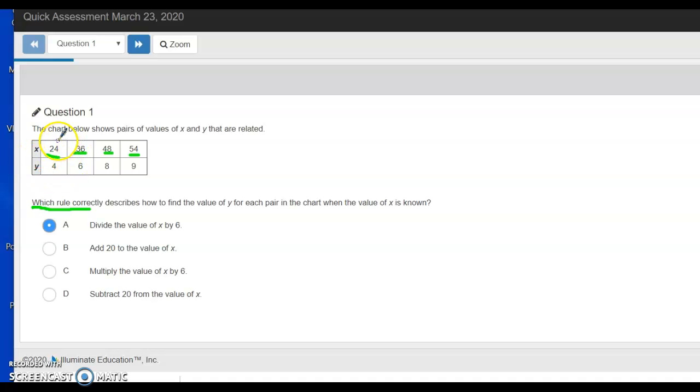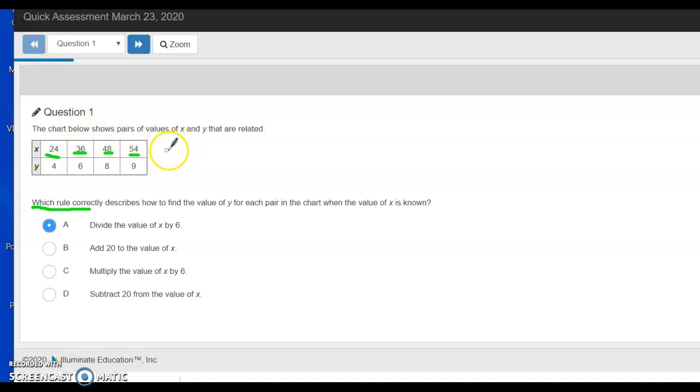There's a couple ways you can get from 24 to 4. You can subtract, take away 20, but we need to make sure the rule can apply to each of the ordered pairs. I could do 24 minus 20, and that would give me 4, but then to get from 36 down to 6, I couldn't just take away 20.